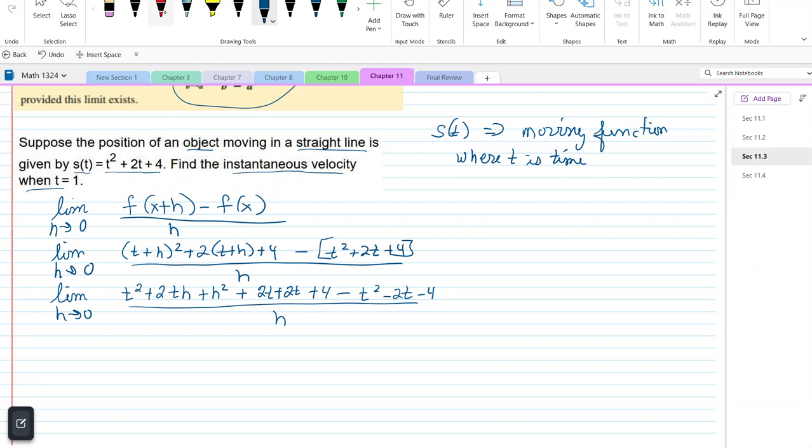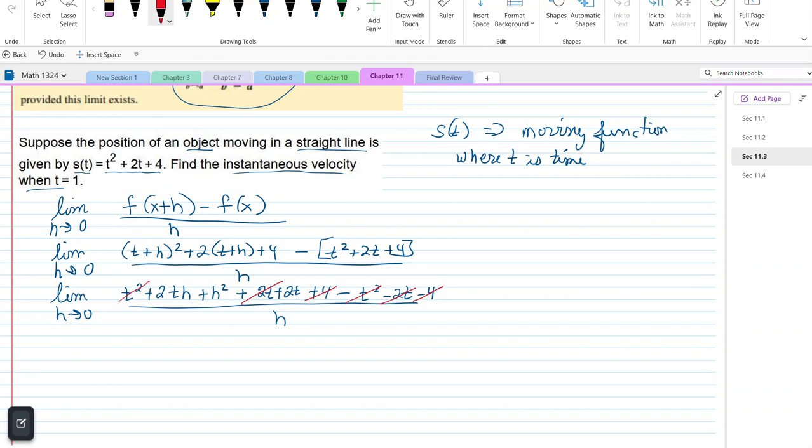Now we're going to look for additive inverses. The t squared and negative t squared, the 2t and negative 2t, and plus 4 and minus 4 cancel.